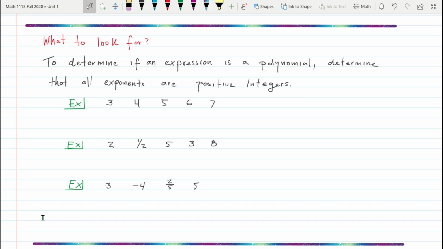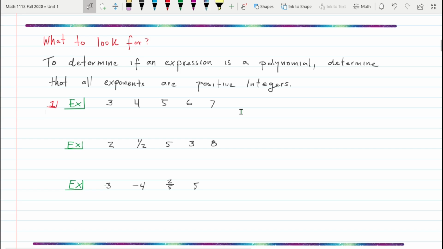So here, let's go over a couple examples and determine here in example 1 whether we see a number that fits the criteria. So these numbers that I wrote here, we'll think of them as the exponents. So we'll go through them. We have 3, 4, 5, 6, 7.